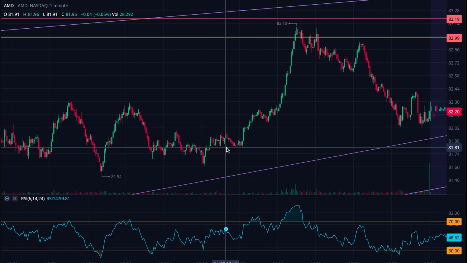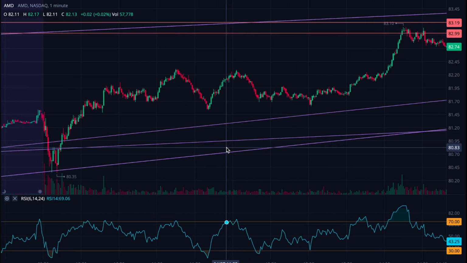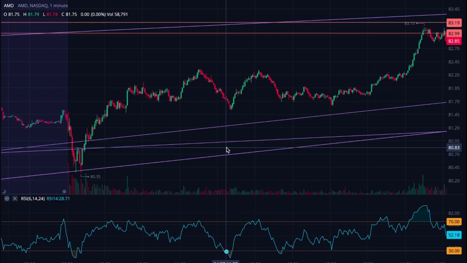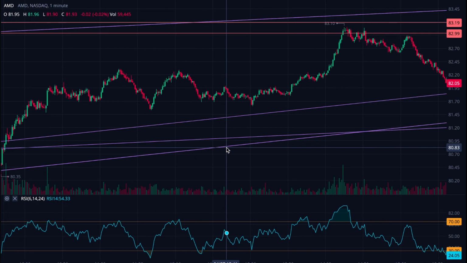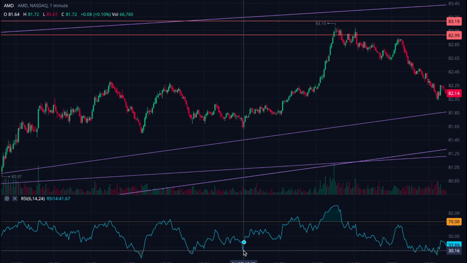Some folks do a slightly different variation of this, which is they don't do the first wave, but they do the second wave, meaning they buy in after a first wave over 70 has occurred, if it holds above the midline. So the midline is 50, right? So you'd have to be looking at the midline of 50.